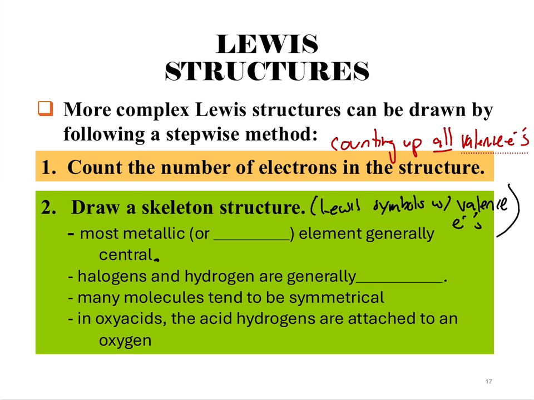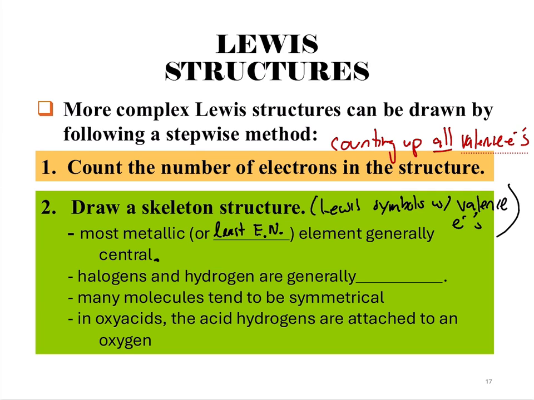We talked about the other periodic trend that we use to classify bonds. If something's most metallic, how would we describe that in terms of electronegativity? The least electronegative, right? So the most metallic, or the least electronegative, element goes in the center.